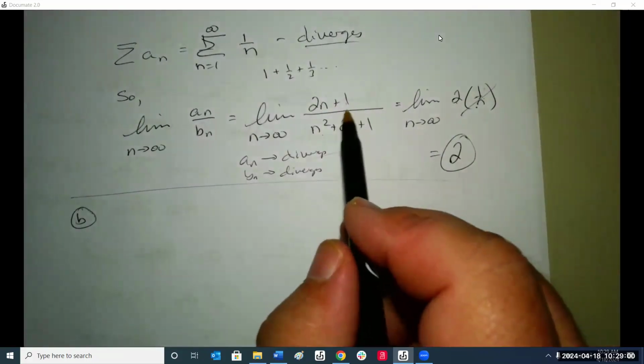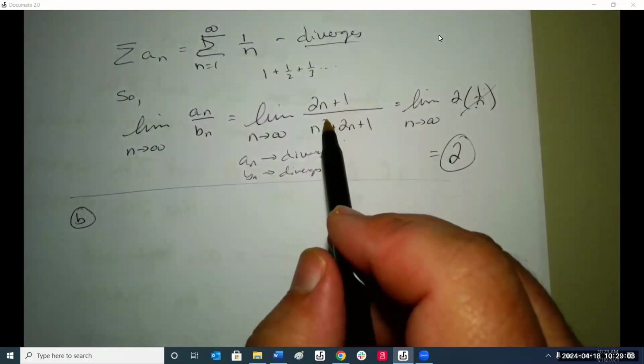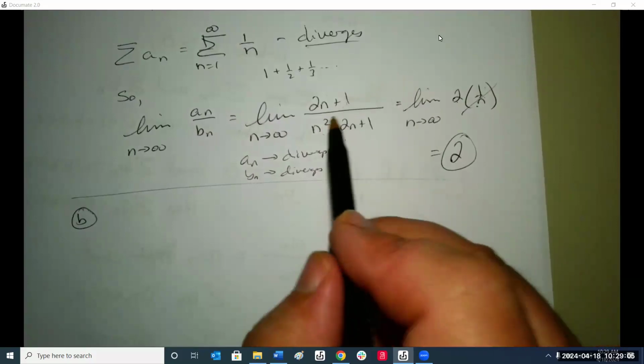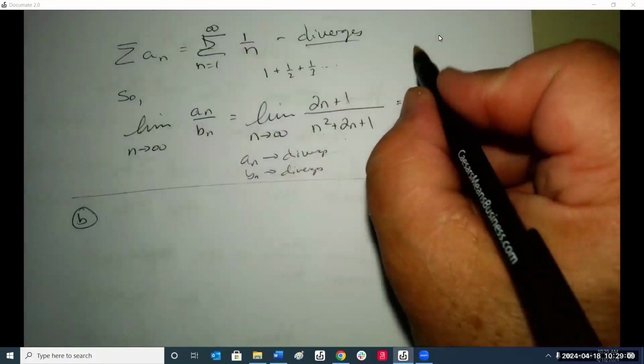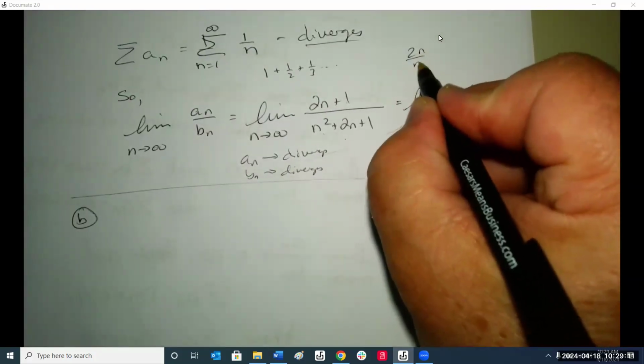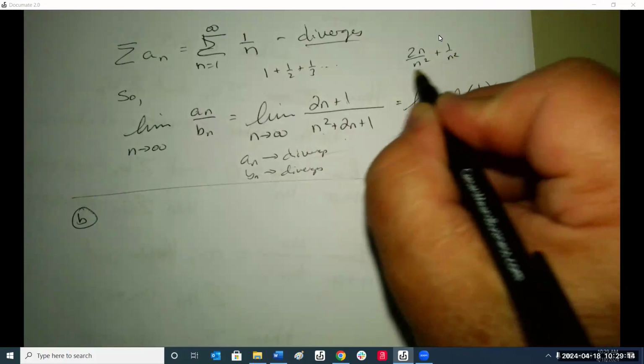If I divide everybody by n, so we get our n squared. So we have 2n over n squared, 1 over n squared.